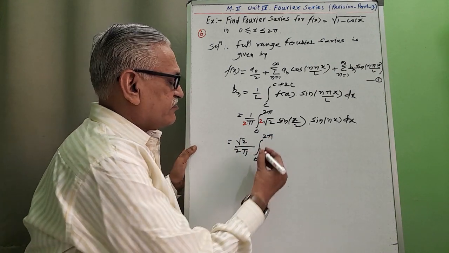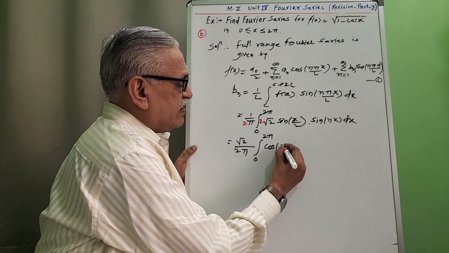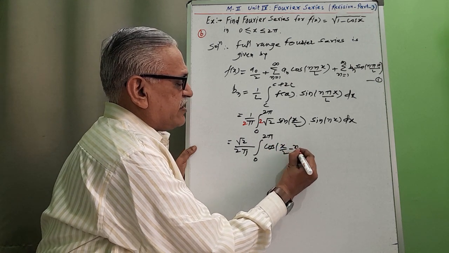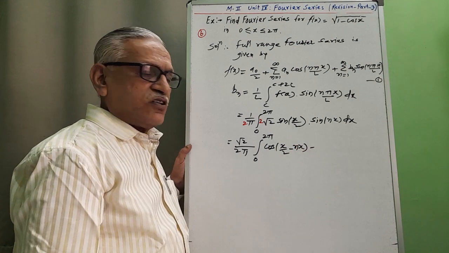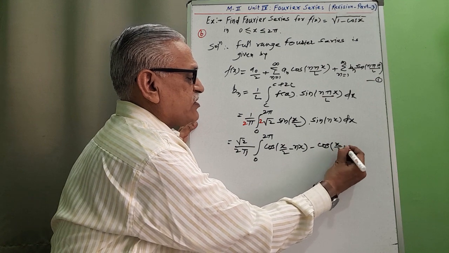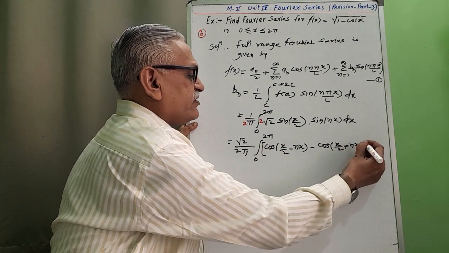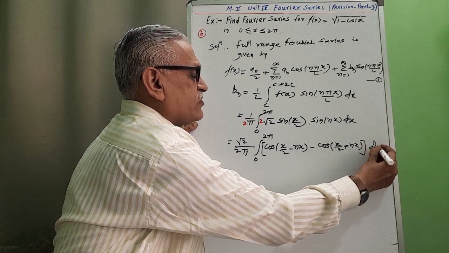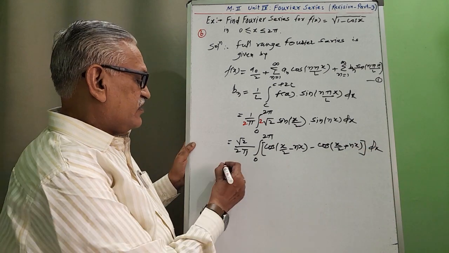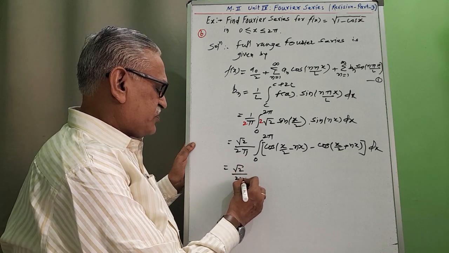That result is cos of a minus b, x by 2 minus nx, minus cos of a plus b, x by 2 plus nx, and this we have to integrate with respect to x. Root 2 divided by 2π, no change.